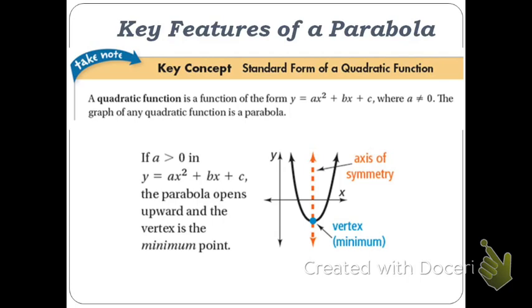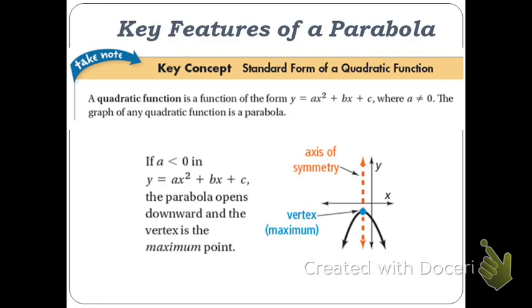So let's jump into some parts here. We can actually identify just from looking at the equation, and we'll be doing that more in part 2. But the first part of this lesson is really going to be looking at the visual parts of a graph.